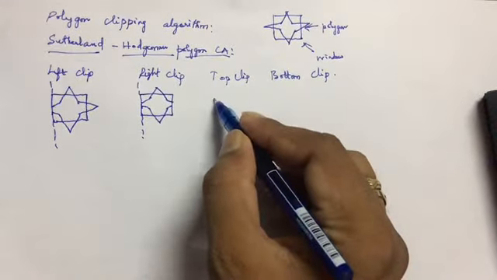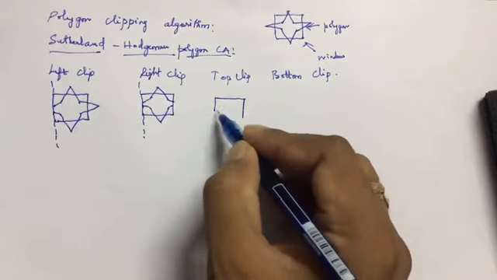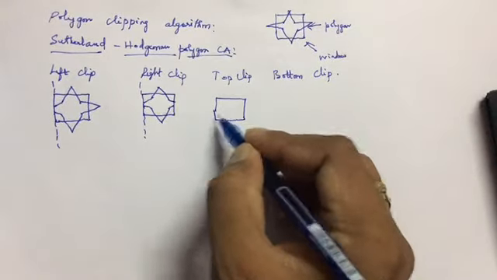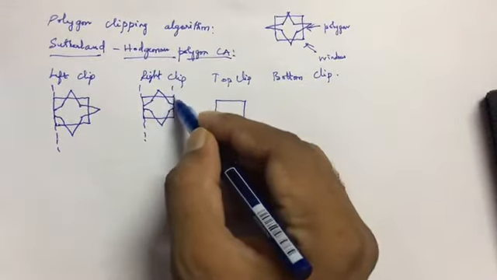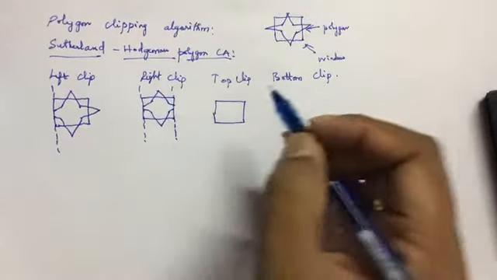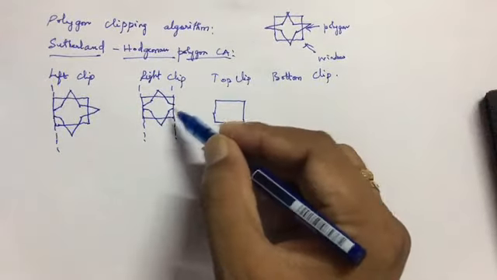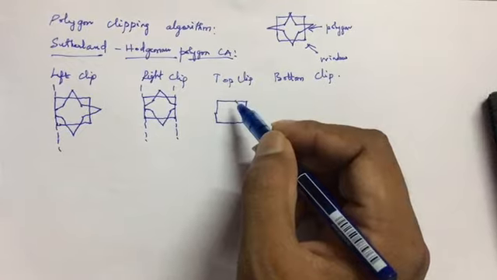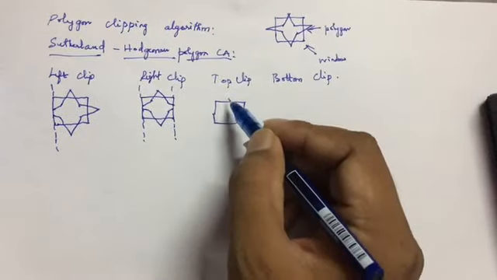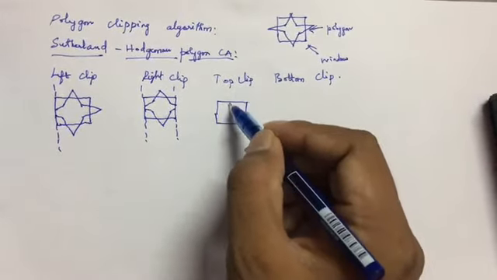And then the third step is executed from this output, and in this step the output will be top clip.